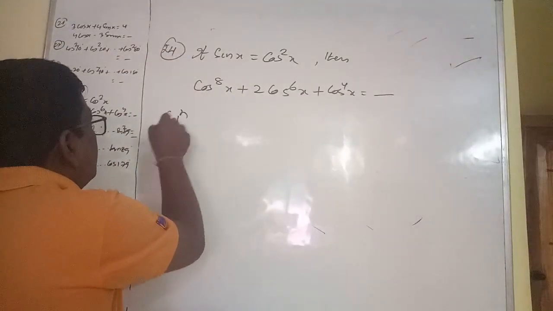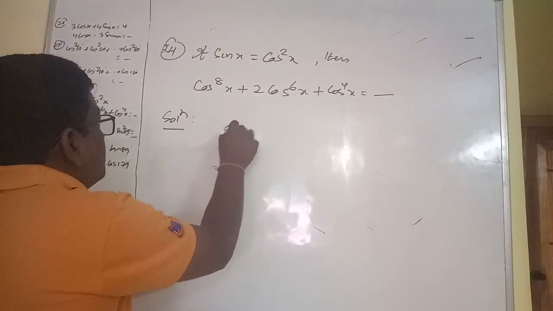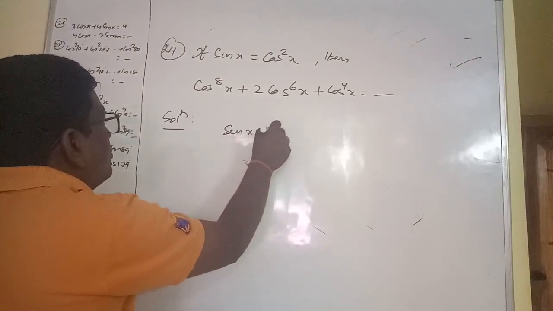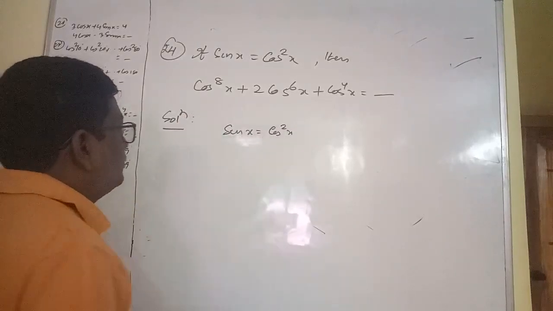Solution: given sin x is equal to cos square x.